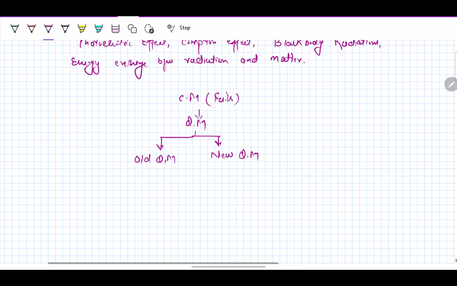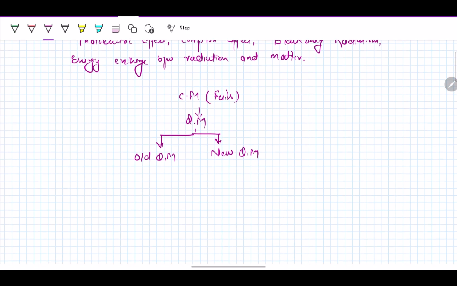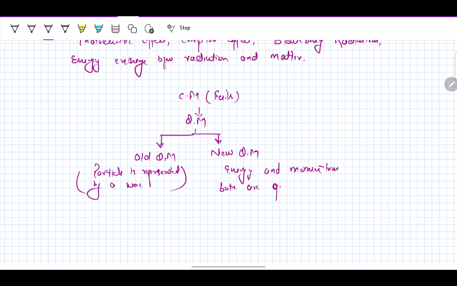According to old quantum mechanics, a particle is represented by a wave, so the particle has two characters. And in case of new quantum mechanics, energy and momentum both are quantized.